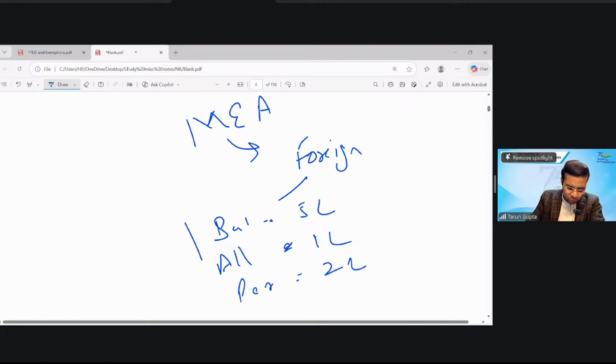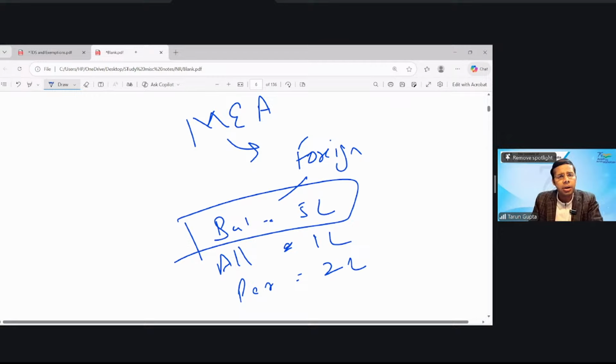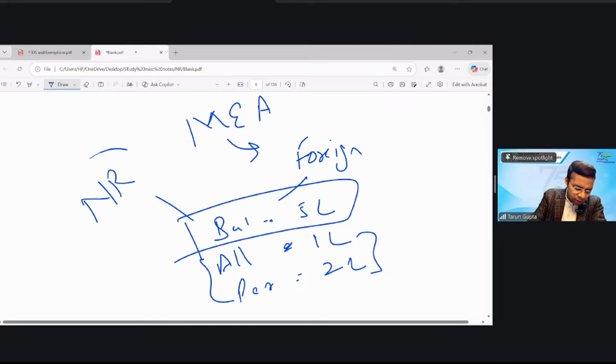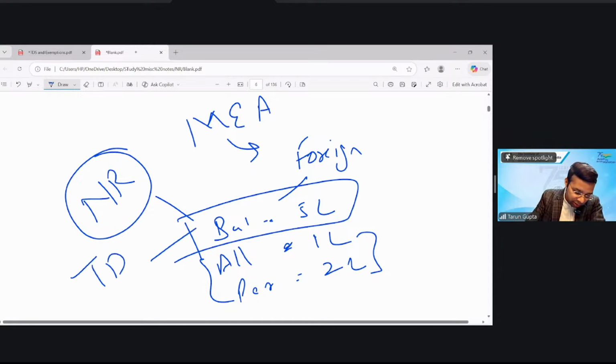So we used to say it's only 5 lakh after the standard deduction that is taxable because these allowances and perquisites are exempt. Now, if this is taxable, then this employee was in any case non-resident because he was staying in a foreign embassy for the entire year. So if this is taxable in his hand as a non-resident, then the government of India is required to withhold tax on this salary under section 192.